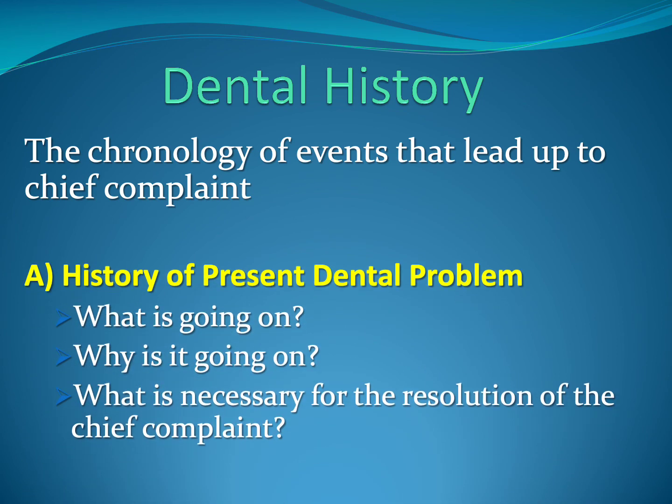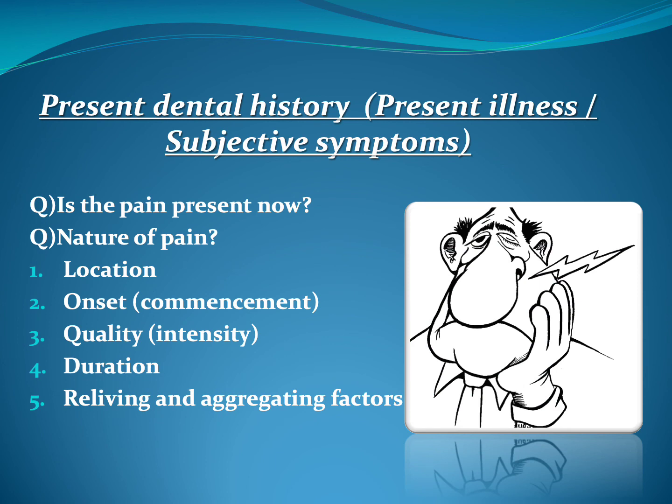Dental history. We have to know the dental history by asking what is going on, why it is going on, and what is the necessity of the resolution of the chief complaint. These are very important questions, and we will take details afterwards. First, is the pain present now?